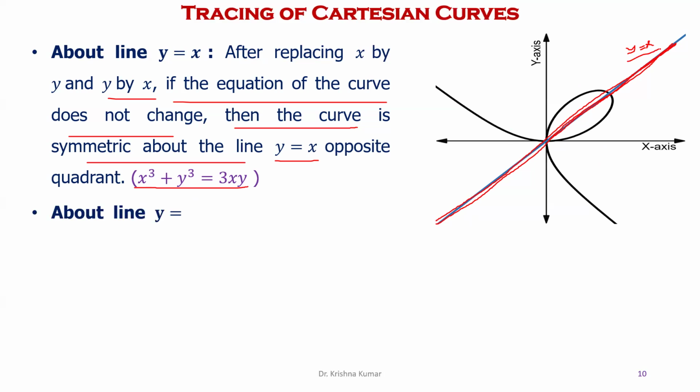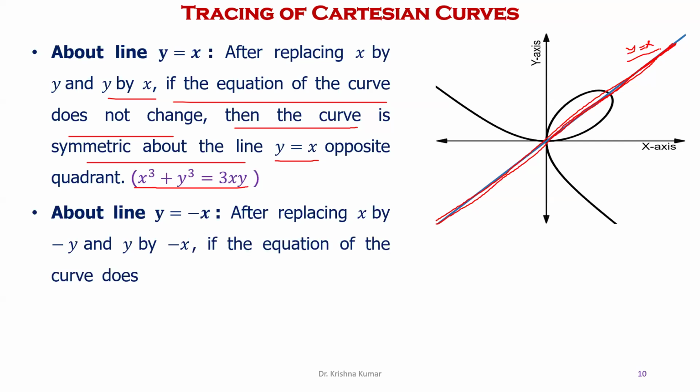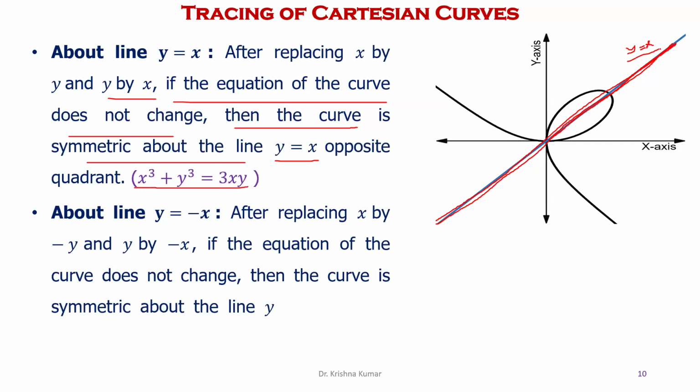Similarly, about line y equal to minus x. After replacing x by minus y and y by minus x, if the equation of the curve does not change, then the curve is symmetric about the line y is equal to minus x.